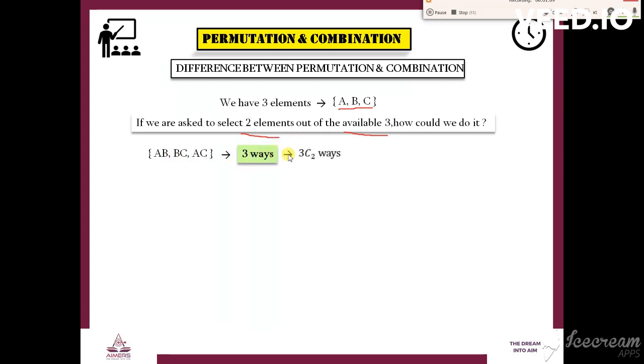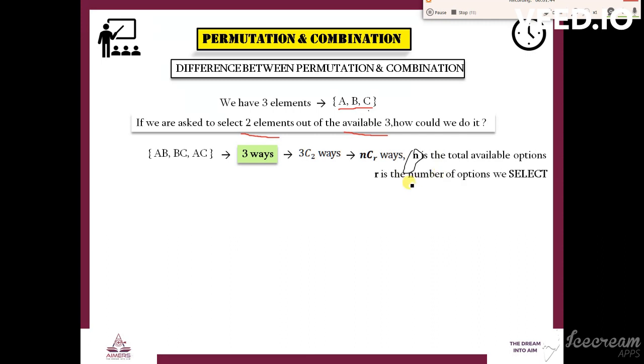So these three ways I am writing as 3C2. Why are we writing 3C2? I already explained, this is selection, and C means combinations. N is the total options available, meaning how many elements there are.